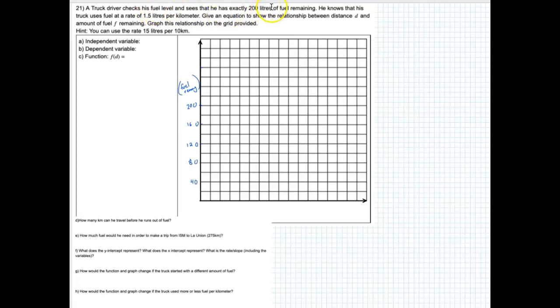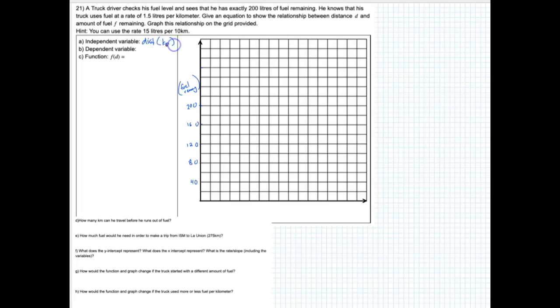It says that they're starting with 200 liters and they're burning fuel at a rate of 1.5 liters per kilometer traveled. So our variables: the independent variable, that's the input, is the distance traveled, the distance in km.